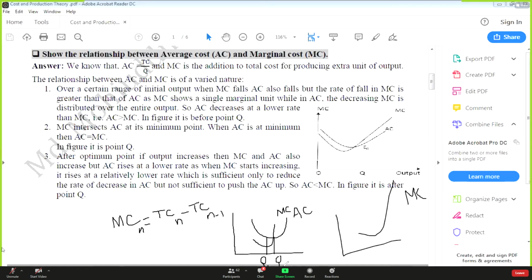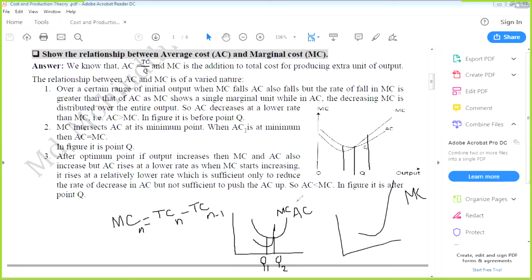This is Q2. We will show the third relationship here. So this is second and this is third. This is first. Clear or not?